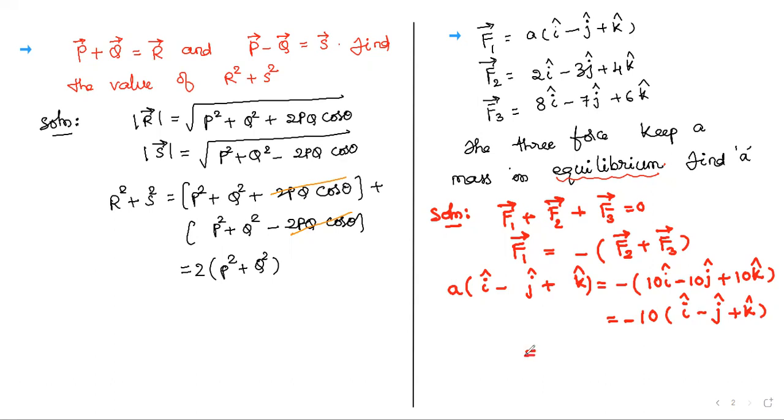And then what is the value of A? Is it plus 10 or minus 10? A is equal to minus 10. Very good, Nana. So finally you got the answer A equals minus 10.